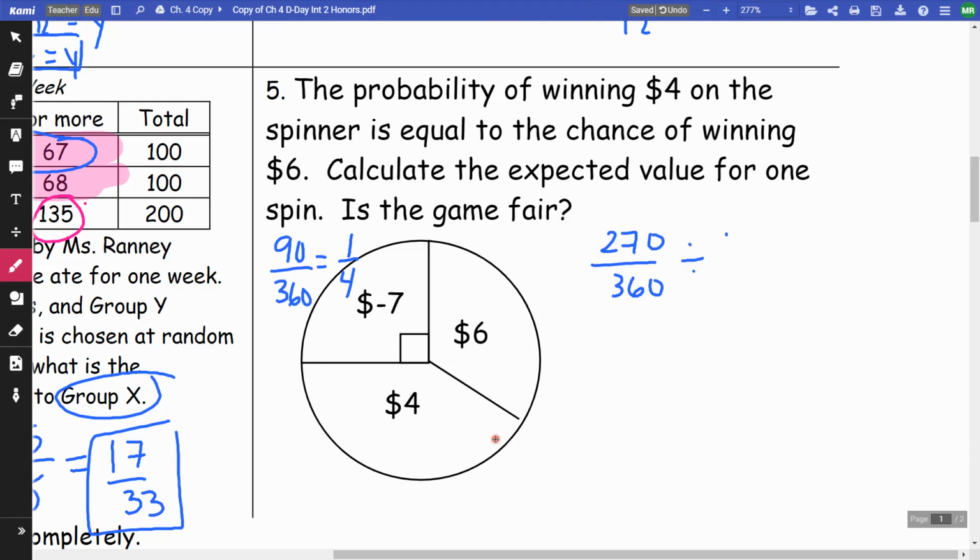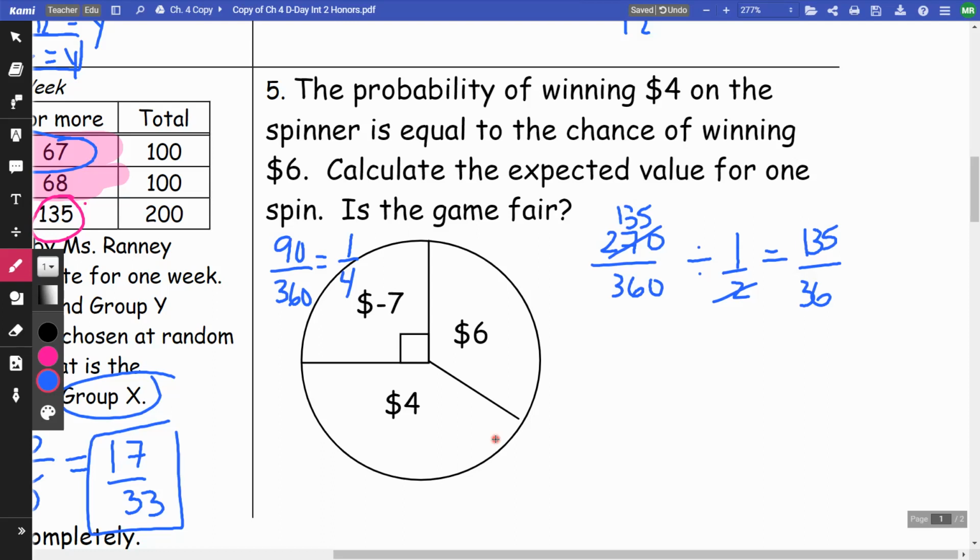And if I split that in half, that is going to give me 135 out of 360. So this would be 135 out of 360. And that actually reduces down to 3/8.